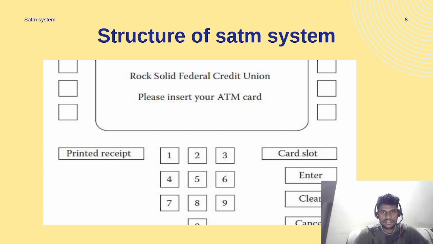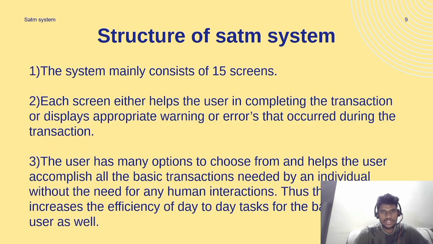Here we have the structure of an SATM system where we have Rock Solid Federal Credit Union. Please insert your ATM card, which is generally displayed when you visit the ATM, and there we have a printed receipt and a card slot. Enter, clear, cancel the transactions. Structure of SATM system. The system mainly consists of 15 screens.